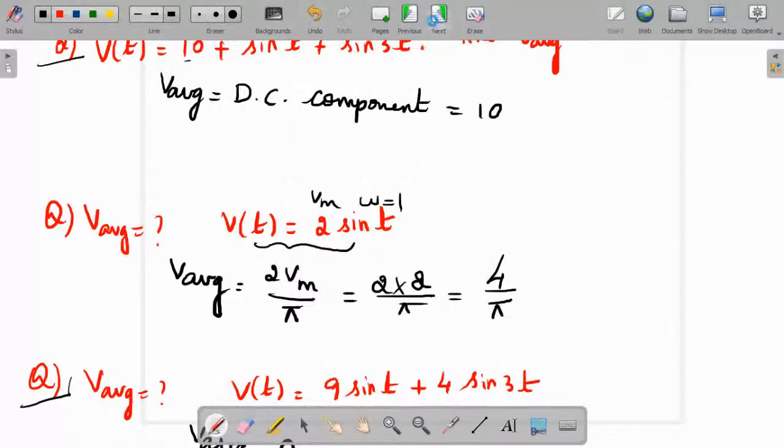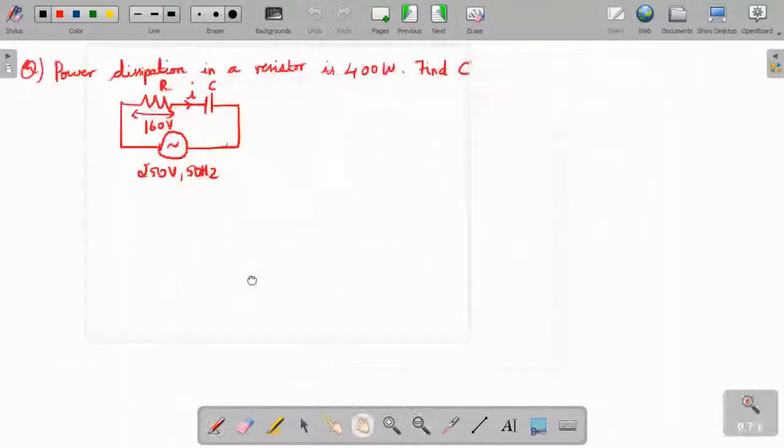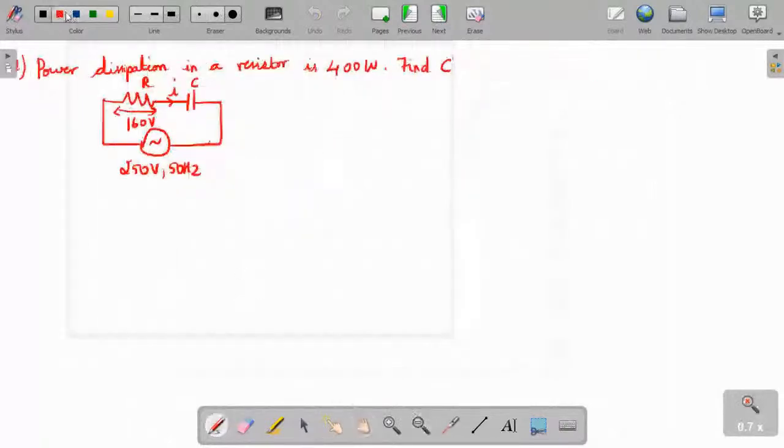Next, find the capacitor, given the power dissipation in a resistor. Yes, this is an AC circuit. So first, we don't know the resistor value, so let us first find the value of resistance. Power is given. Power across the resistor is nothing but V square by R or I square R. But we don't know the current either, but the voltage across the resistor is given. So I take VR square by R. So from this, what is R?